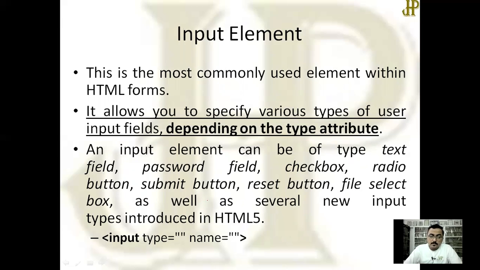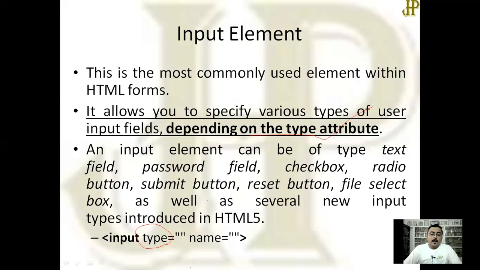Okay, here type. If type is equal to text, then a text box will appear in your web page. If type is equal to something else, then that will appear in your web page. Clear?